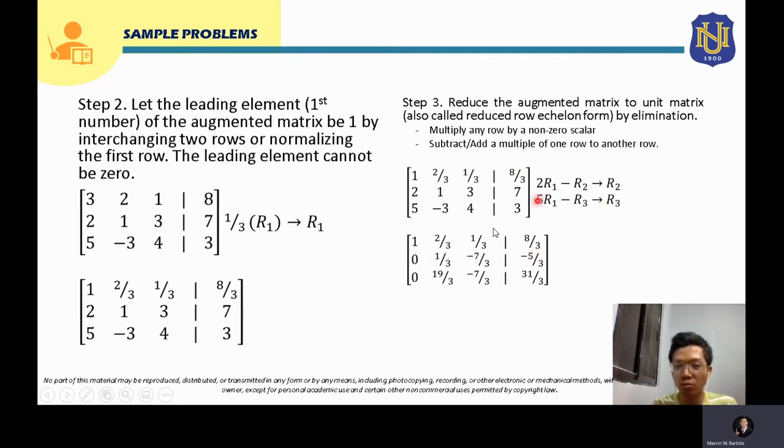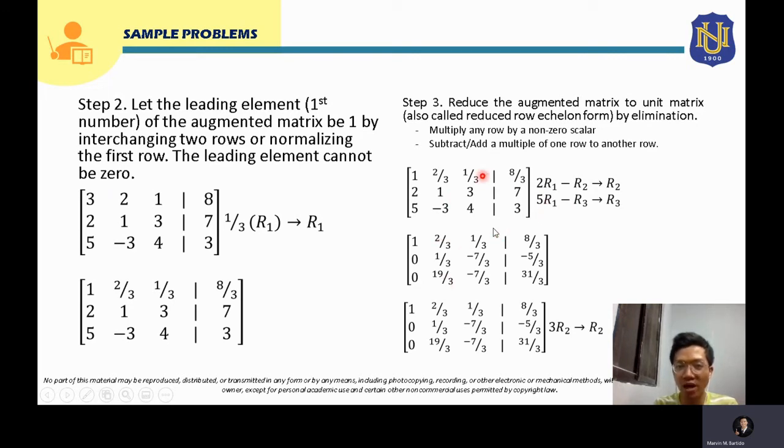Now for the new third row, we're going to perform this. So this is 5 times R1. So 5 times 1 minus R3, which is 5. So 5 times 1 minus 5, that will be 0. And then we have here 5 times 2/3 minus negative 3, so that will give you 19/3.